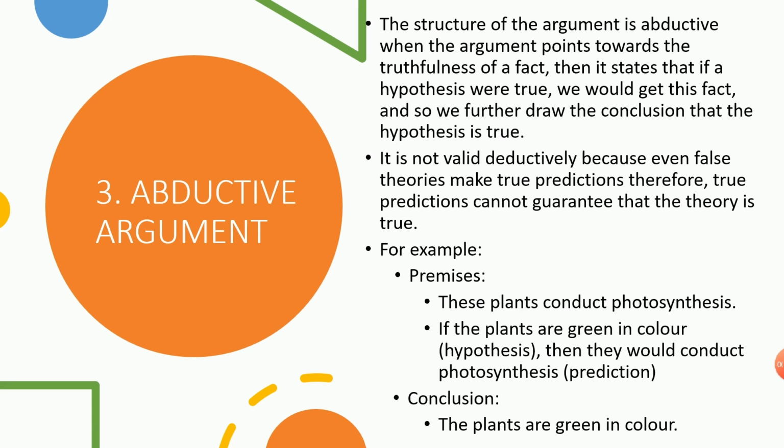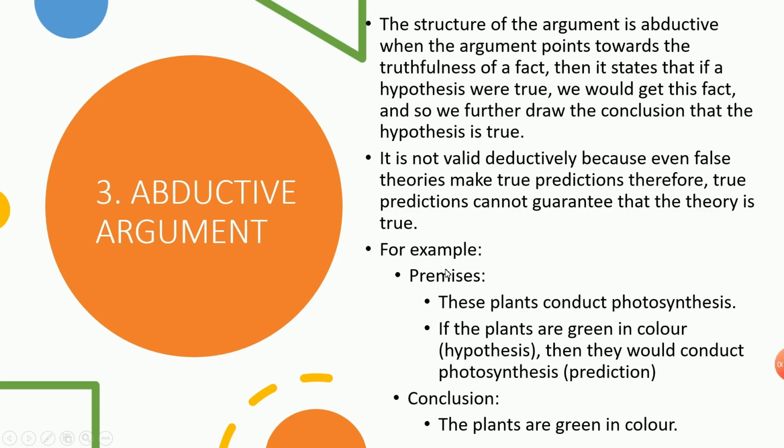Next is the abductive argument. The structure of the argument is abductive when the argument points towards the truthfulness of a fact. Then it states that if a hypothesis were true, we would get this fact. So we further draw the conclusion that the hypothesis is true.